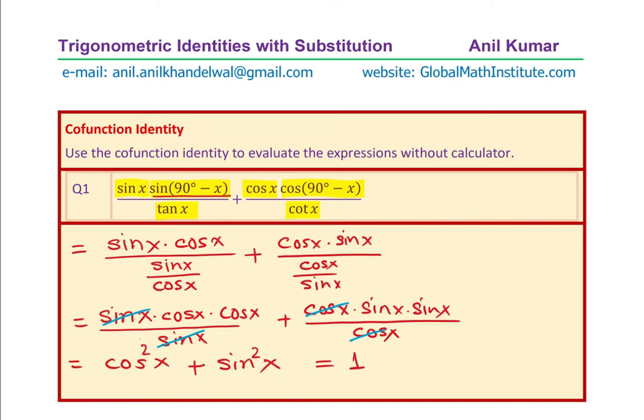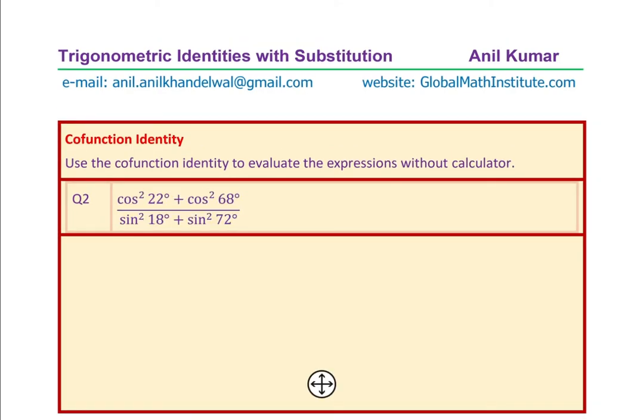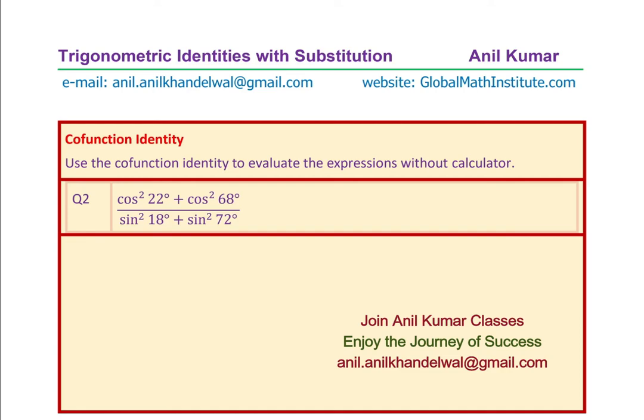Correct? Now let's look into the solution of the second question, which is cos square 22 degrees plus cos square 68 degrees divided by sin square 18 degrees plus sin square 72 degrees. Well, you notice that 22 plus 68 is 90. Perfect. And therefore, I could write 22 as 90 minus 68, right?